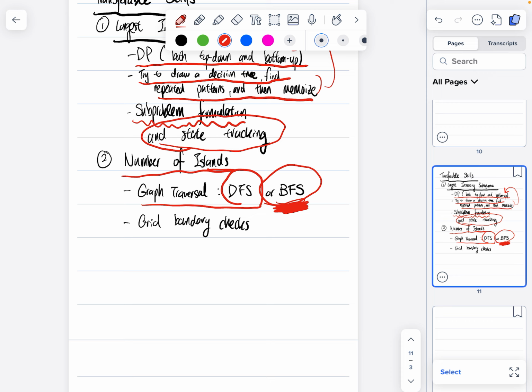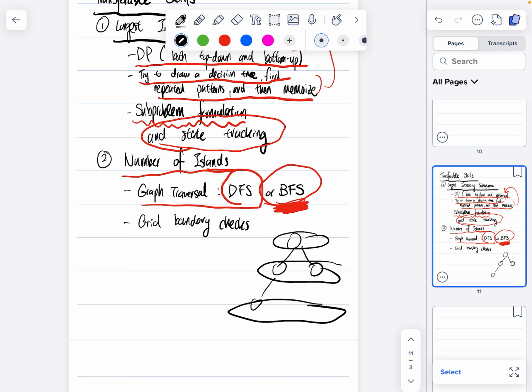For those of you who don't know, BFS is basically how you traverse level by level in a tree. That's how it works. I think you use a stack or something. And then here, this is kind of important: you should try to check the boundary checks for the grid. I think, yeah, and that's it.